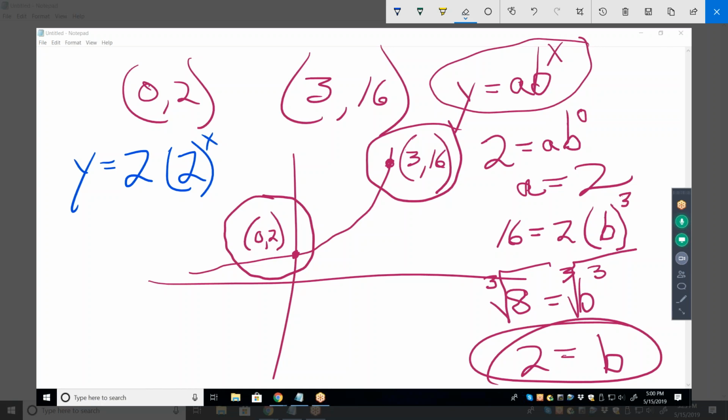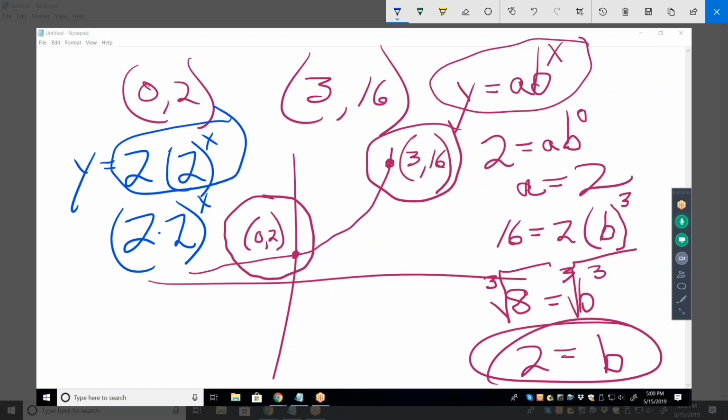In other words, if this was 2 times 2 all in parentheses to the x, that's a different number. That's 4 to the x. This is not 4 to the x. That's 2 times 2 to the x, which is not the same as 4 to the x. Okay. All right.